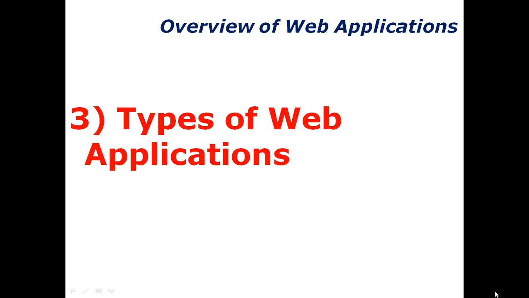Third one is extranet web applications. Next, second classification, types of web applications by nature of the business. Websites, web portals, enterprise applications, social networking applications, email service applications, etc.